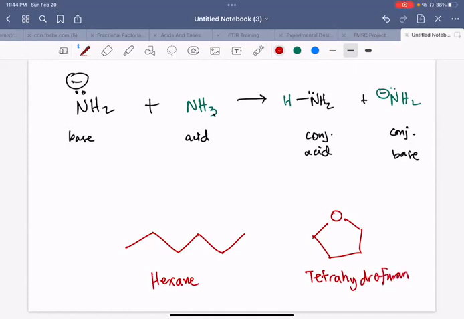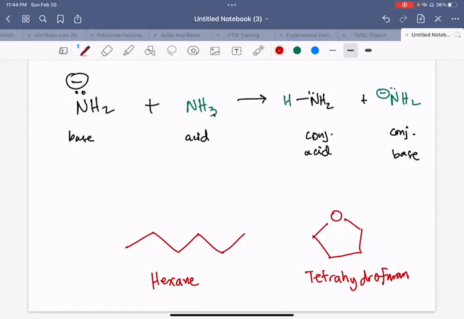These are common solvents used when you have a very, very strong base, because these solvents are very difficult to deprotonate, and therefore the solvent leveling effect can be avoided.